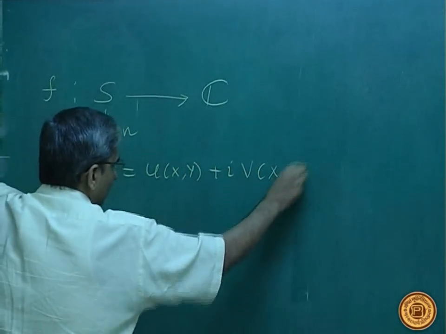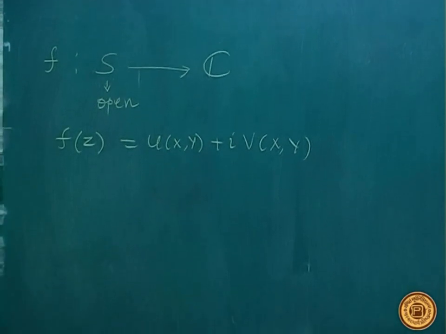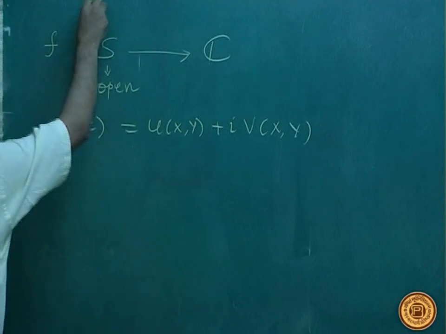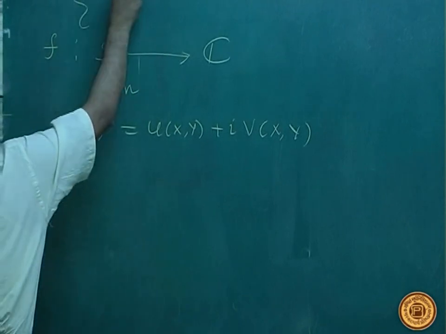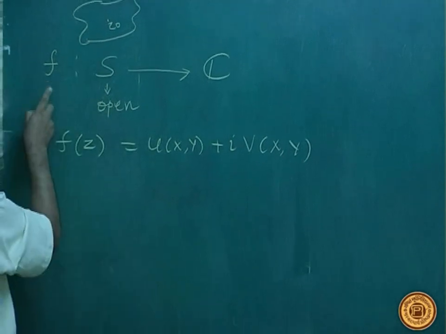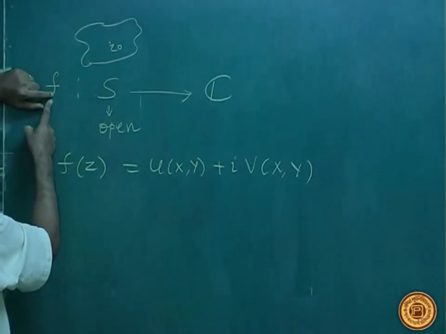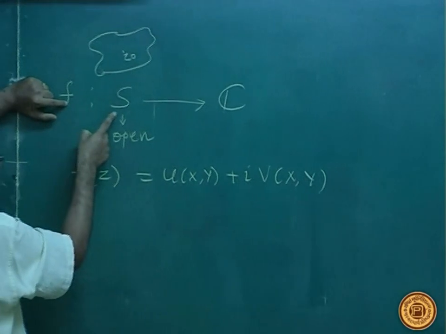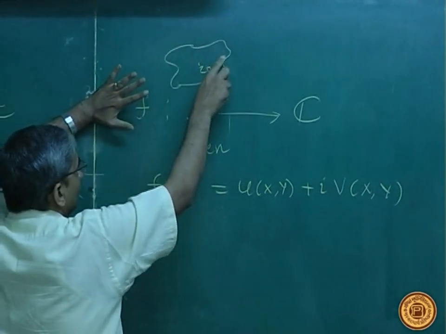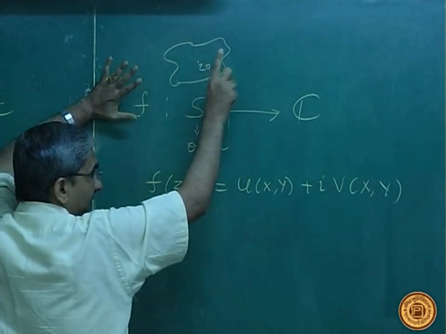So suppose these are the real and imaginary parts of f. Let us consider in terms of points now. Suppose this is z0. Okay. f is analytic in S means it is differentiable at z0. In fact, this set is open and f is differentiable at every point. That is what analyticity means.